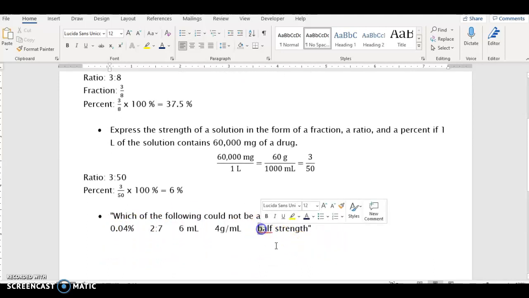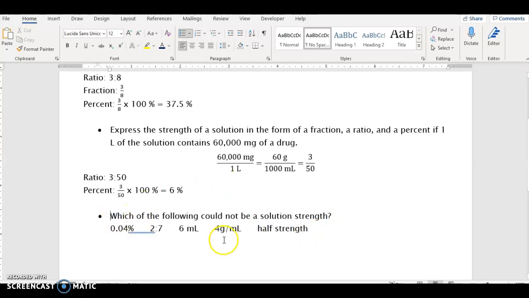This is obviously a typo, that's supposed to be an H, not a B. So which of the following could not be a solution strength? Remember, solutions are expressed as percentages, ratios, or simplified fractions. Or if there are units in the strength of the solution, it's either going to be grams per milliliter or milliliters of solute over milliliters of solution.